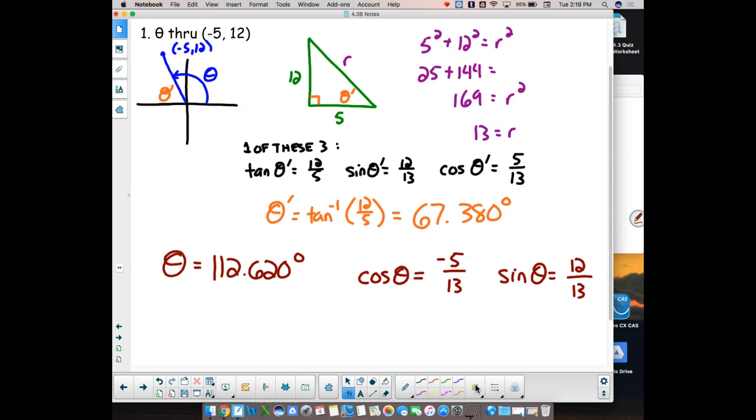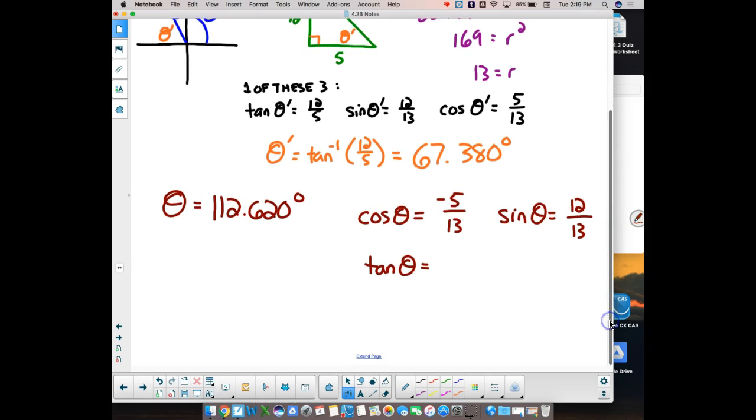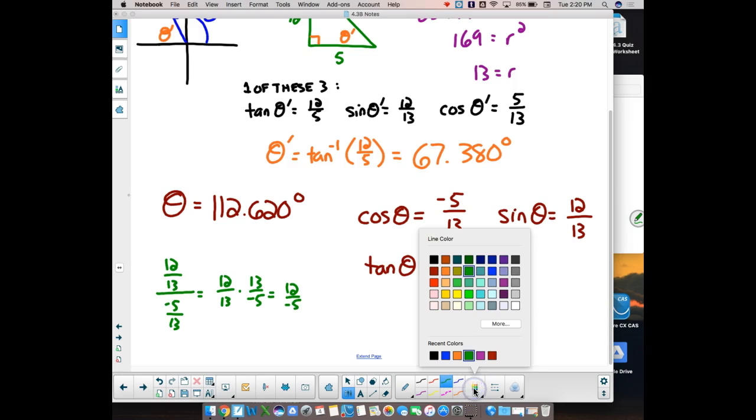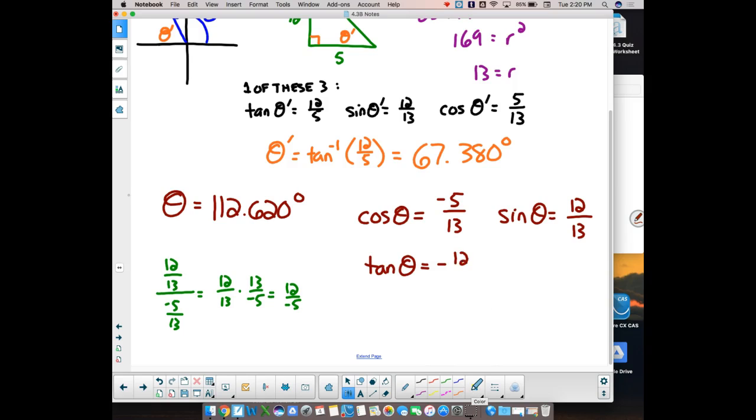Find me the tangent of theta. I got negative 12/5.